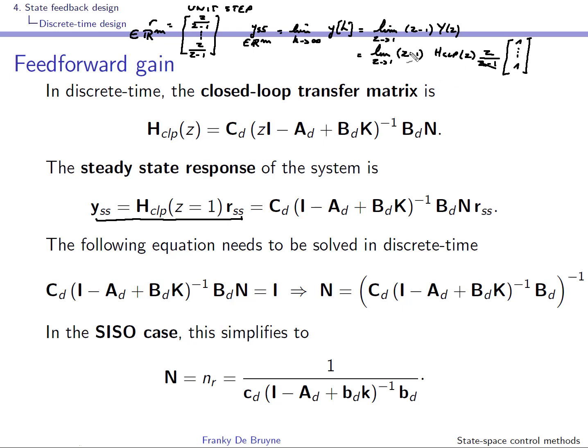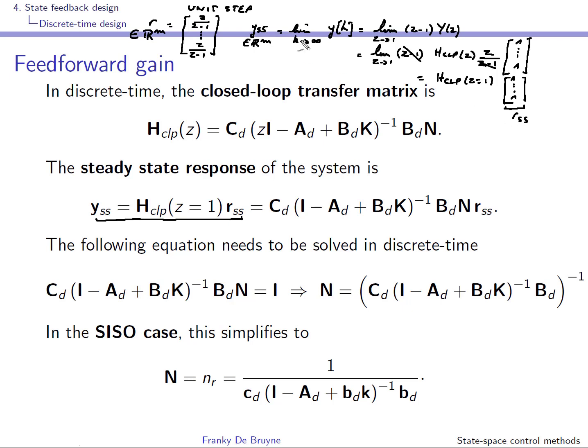This one and this one will cancel out, and what we'll have here is the closed loop transfer matrix evaluated in z is equal to 1 times this vector over here composed of ones, right? But this is the steady state value of the reference signal.